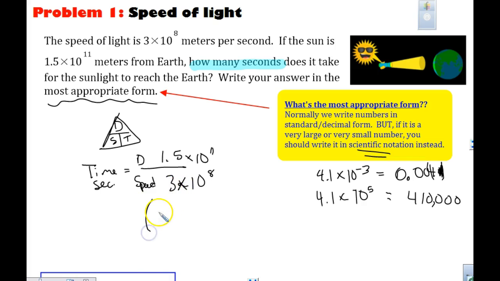I'm going to take, and this is where for some of you, I want you to show your work. I want you to put down 1.5 divided by 3. I know, I just saw that. So 1.5 divided by 3. And some of you might be thinking, oh, I know. 1.5 times what is 3? 2. So this has to be point, put it in your calculator, 0.